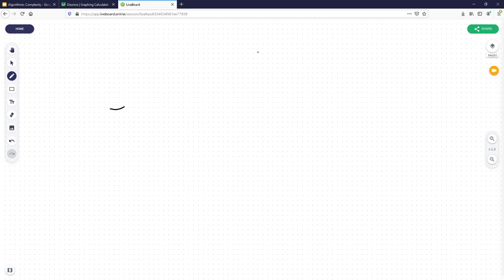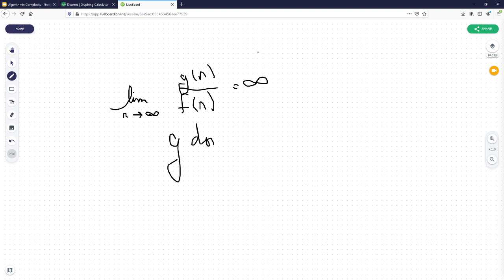So basically, the limit. Are you drawing with your mouse now? Unfortunately, yes, because my tablet is on the wrong screen and I can't figure out how to fix it in 5 seconds. So if the limit of, say, g of n over f of n is infinity, then what we say is that g dominates.